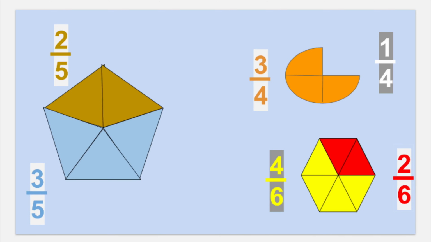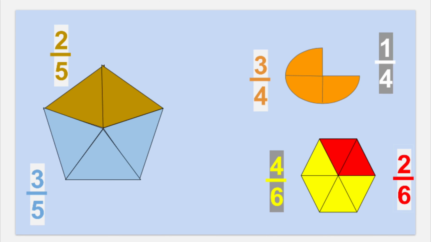We have a figure divided into 6 parts. You see that one is a red color, another one is a yellow color.